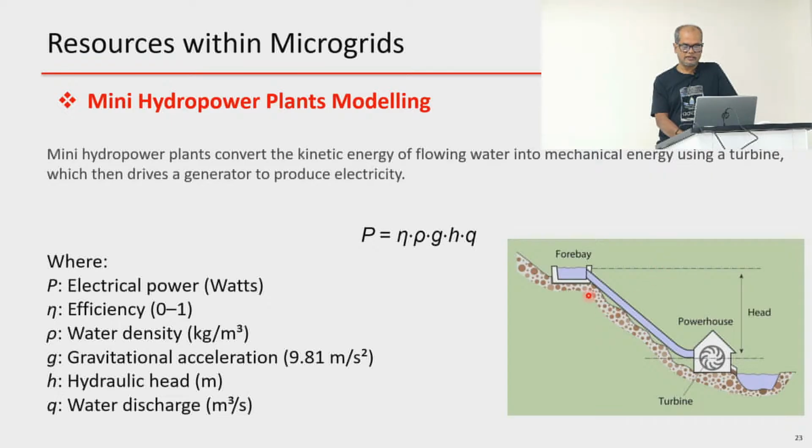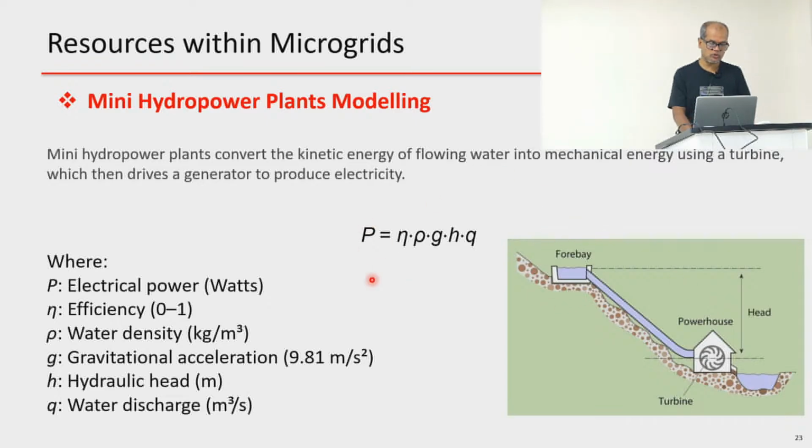When water flows from here to here, there would be a generator, and that water flow will cause the shaft to rotate, and that's how it generates electricity from that stored water.